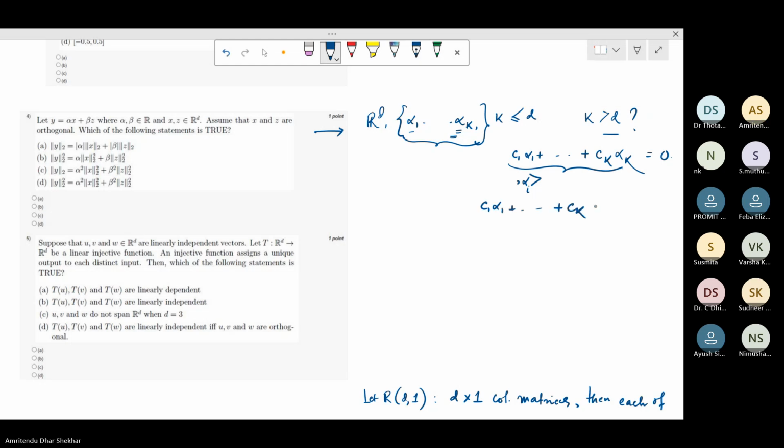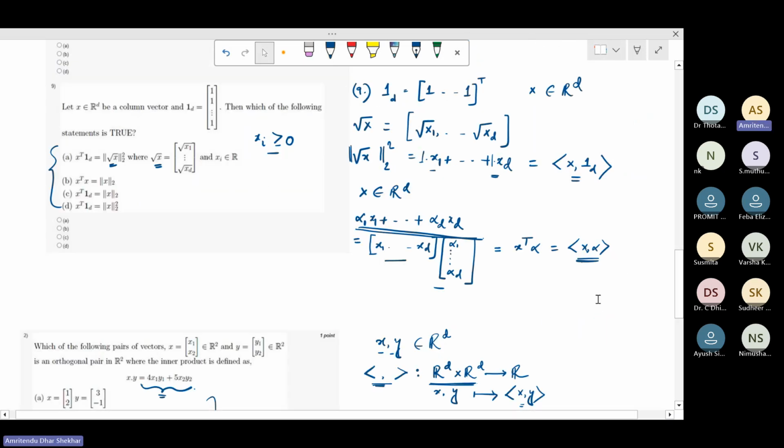Taking the inner product with alpha i, this is equal to C1 alpha 1 comma alpha i plus Ci alpha i comma alpha i, and then the remaining ones, Ck alpha k comma alpha i.